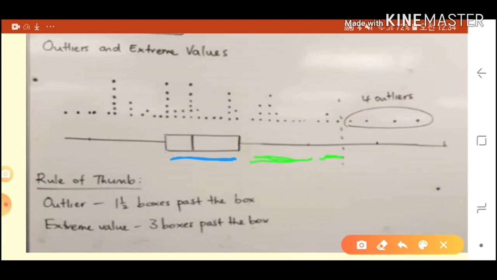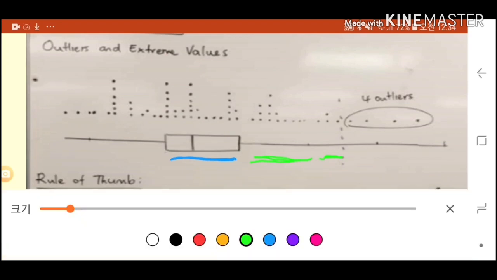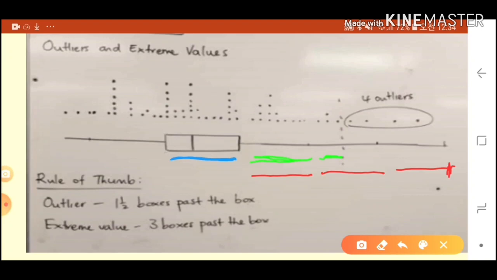Should I see whether I have extreme values or not? That blue one was the length of the box. So I'm counting 3, 1, 2, 3. Past beyond this length are called extreme values, but as you see, we don't have any extreme values. So this is how you define how many dots are outliers and how many are extreme values.